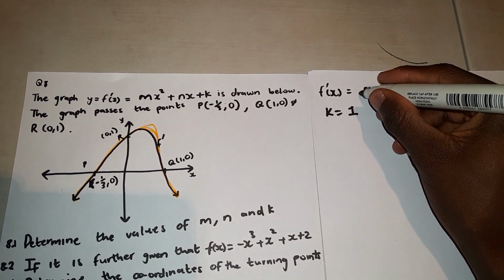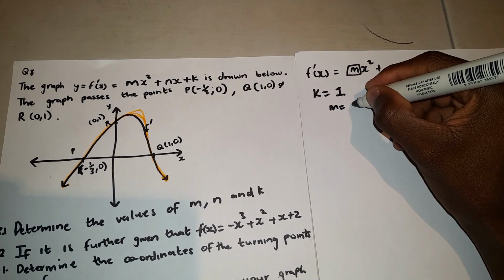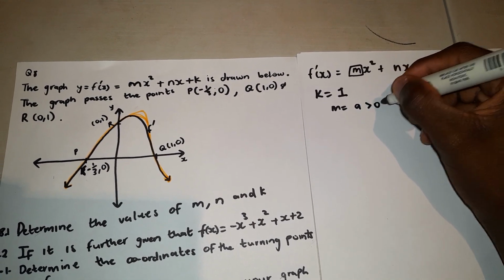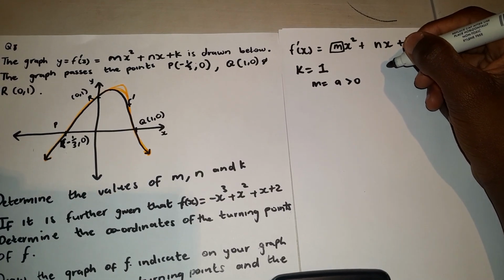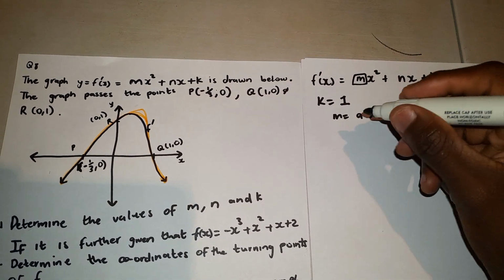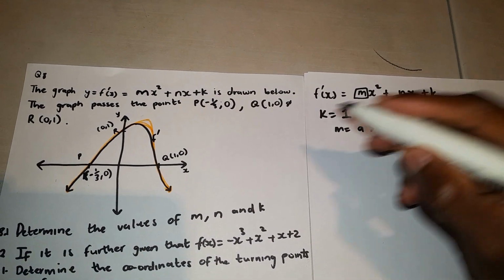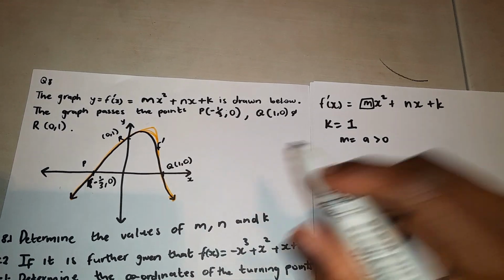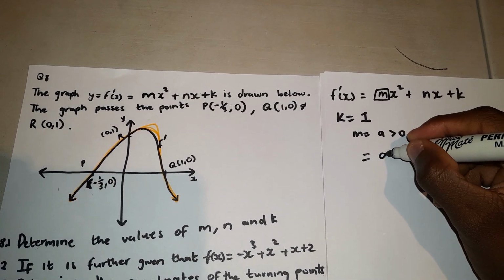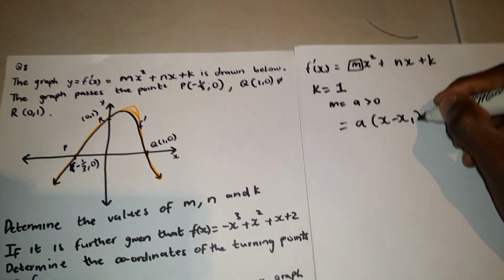So now, how do we find the m? Our m here is the gradient, and a is positive, because of the graph. We will just do it like this so that we can find our a.